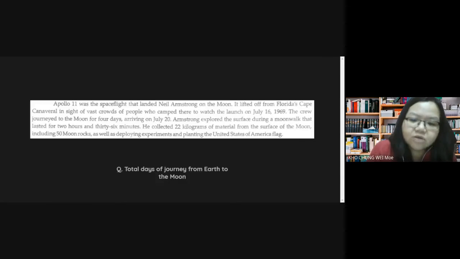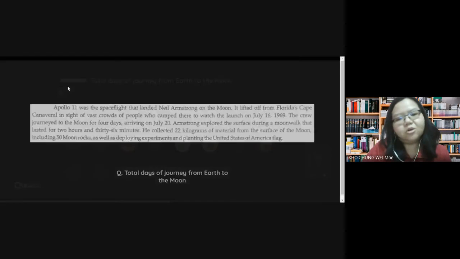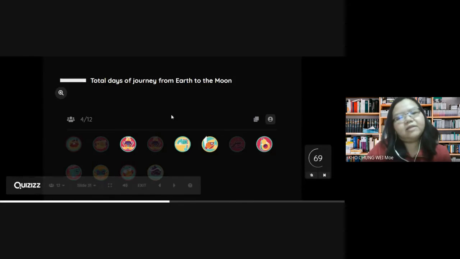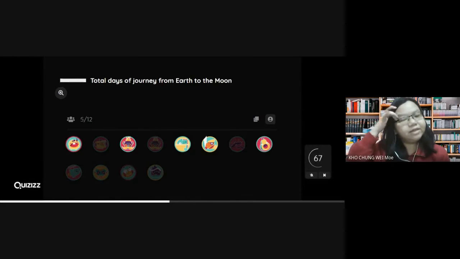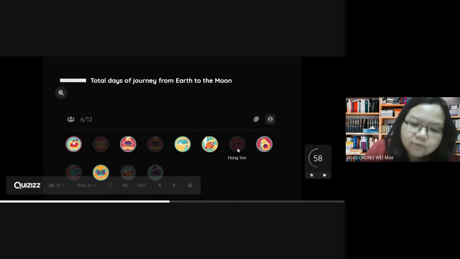Armstrong explored the surface during a moonwalk that lasted for 2 hours and 36 minutes. He collected 22 kilograms of material from the surface of the moon, including 50 moon rocks, as well as deploying experiments and planting the United States of America flag. So, how many days, or the total number of days of journey from the Earth to the moon? So, how many days does it take to go from the Earth to the moon?